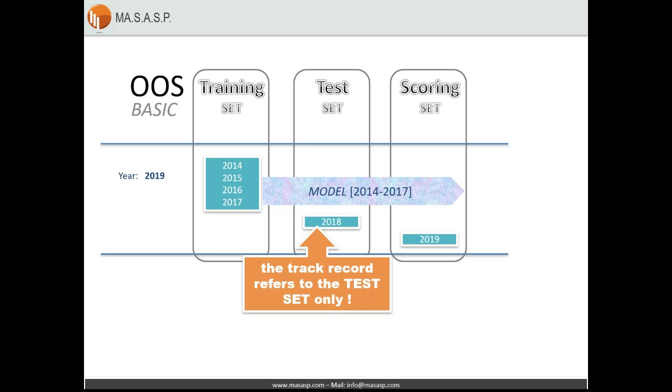Well, let us see in detail how this out-of-sample works. The schema reported here represents an entry-level out-of-sample analysis. This is a simplified view presented just for didactic purposes. Let us assume that we have 5 years of data available to design and assess our trading system. We split this dataset as follows.